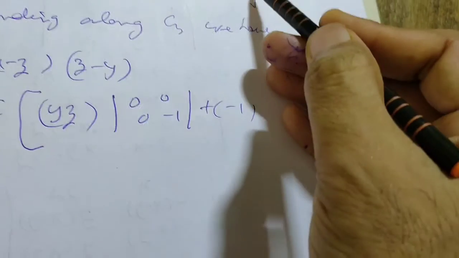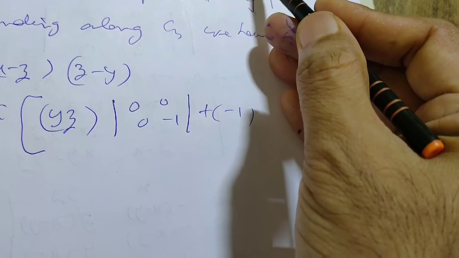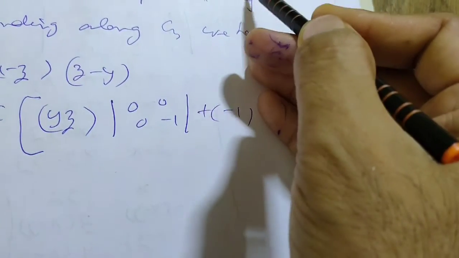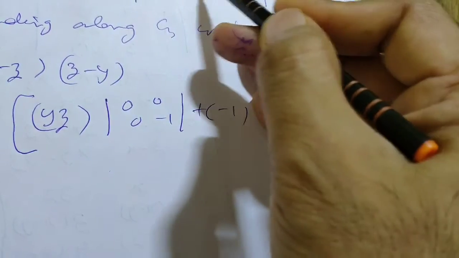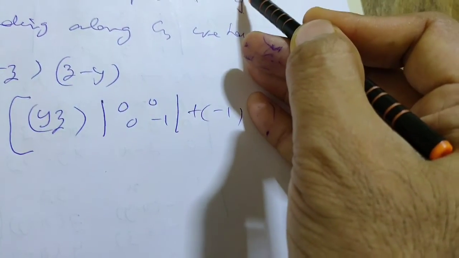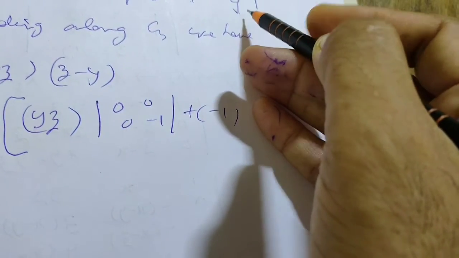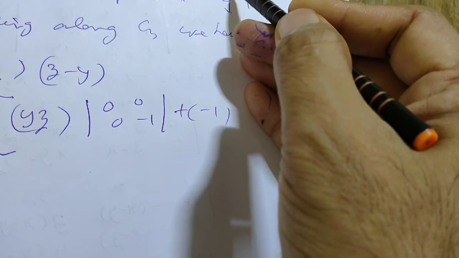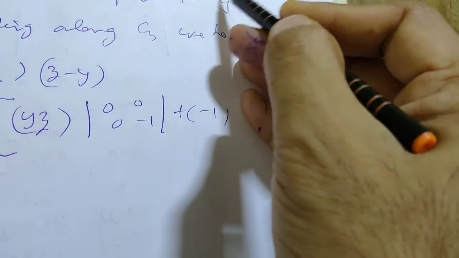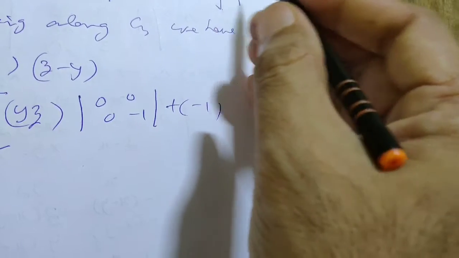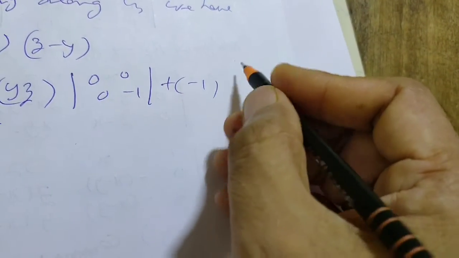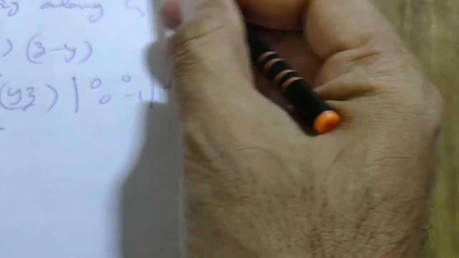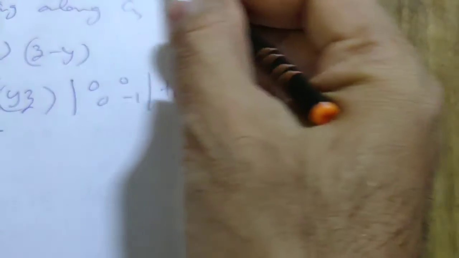Why minus 1? Because what is the position of this element? This is A21, A22, A23, this is A23, and this is A33. So A23, if you add 2 and 3, we will get 5. So minus 1 raised to 5. You know how to find the cofactor. So therefore this will become minus 1, and cancel out all the elements of the row and the column in which the element 1 lies.